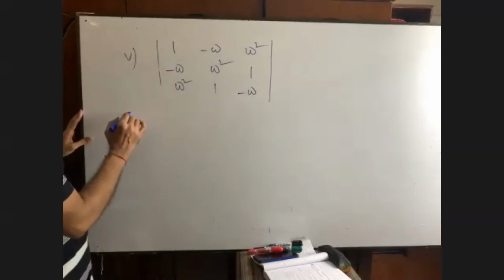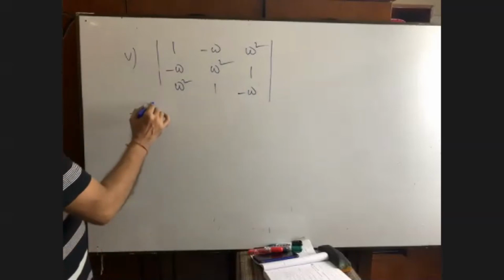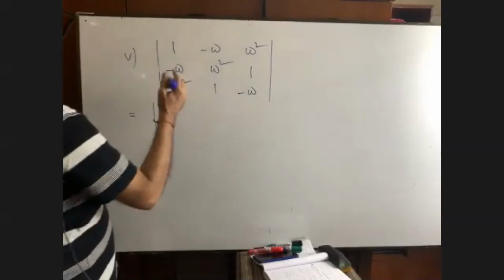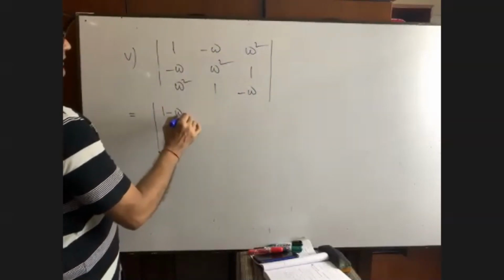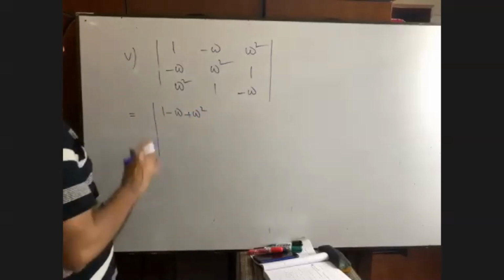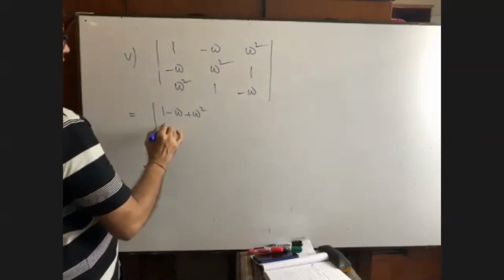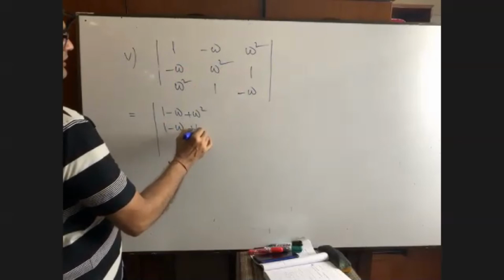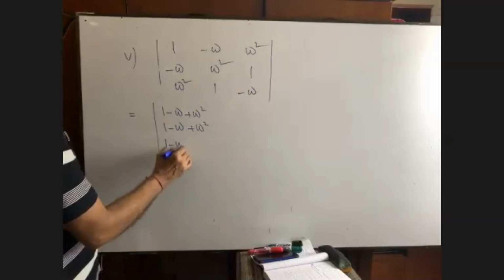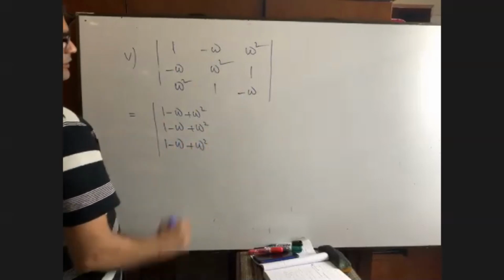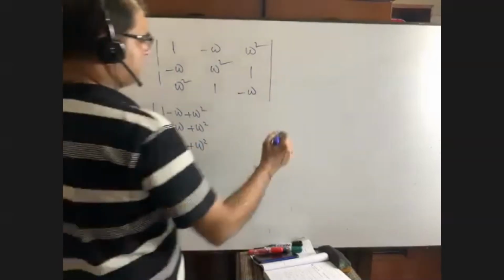But we can do one thing. Are you getting me? If I go for adding, you just add this and this. What will be the result? 1 minus omega plus omega square, right? I am going to add all. Please try to understand what I have done here.